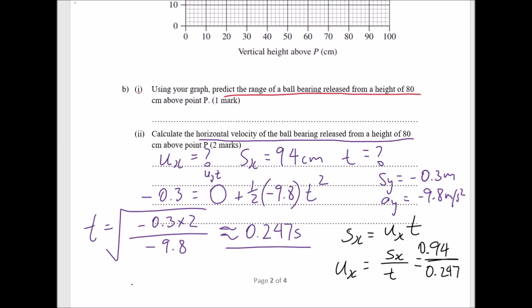So the answer we get here, the initial velocity, is roughly, again to three significant figures, 3.8 meters per second. Or 8.1, sorry. So that's rounded off to 3 sig figs. That concludes our explanation for this question.